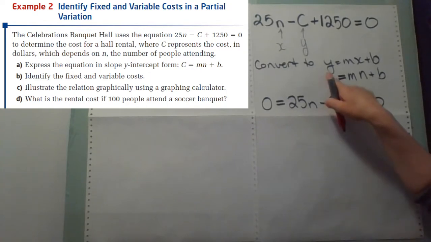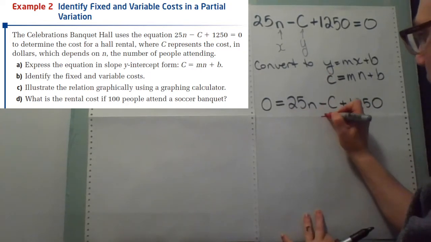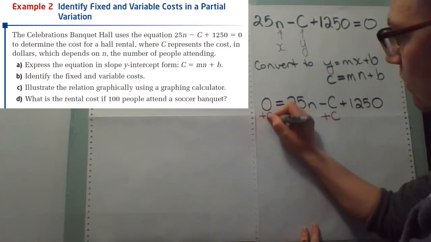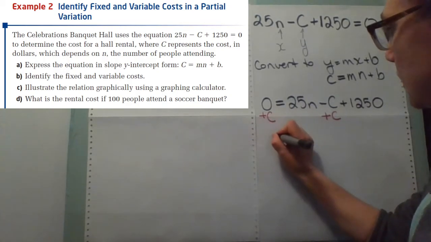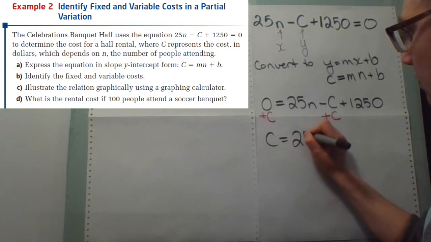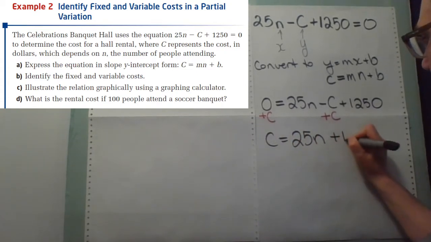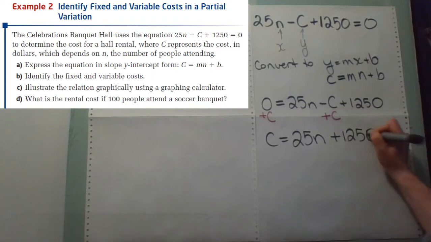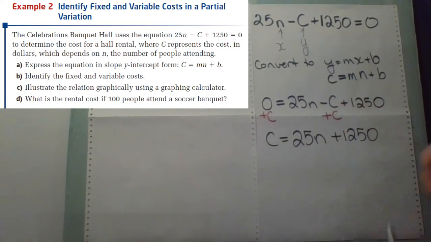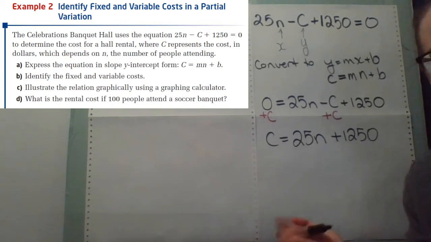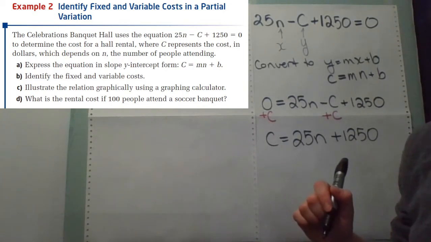And then to get my c to the front, instead of minus c, we're going to plus c over to the front. So that gives me c equals 25n plus 1,250. And now I am in c equals mn plus b form. Perfect. All right. What's next?